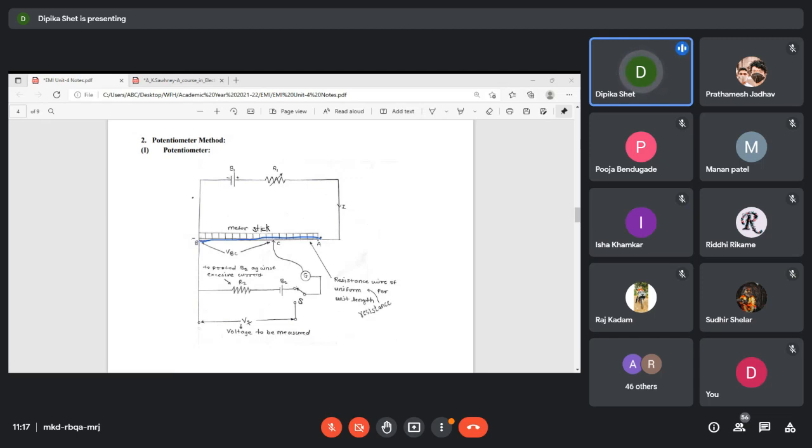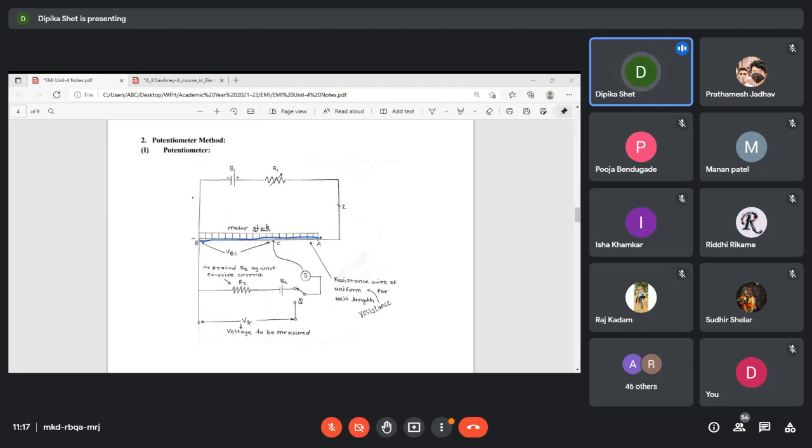On the secondary side there is the standard cell B2 and resistance R2 to protect battery B2 against excessive current, and this is the unknown voltage to be measured.